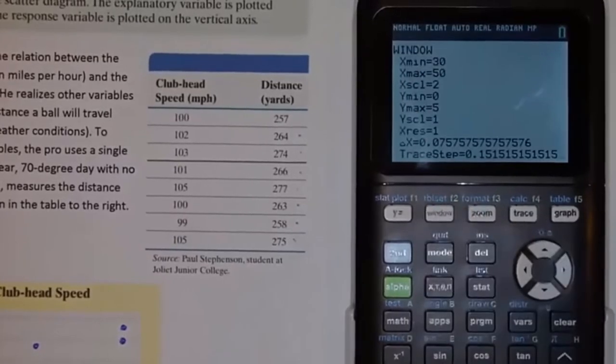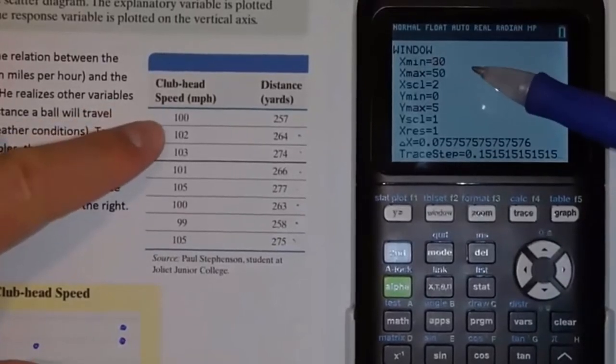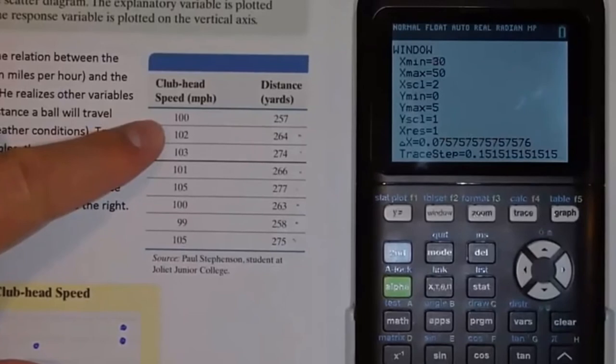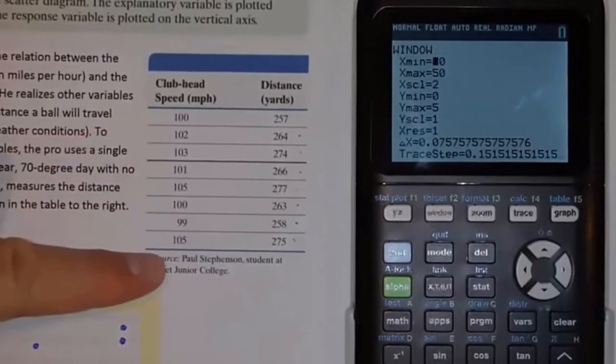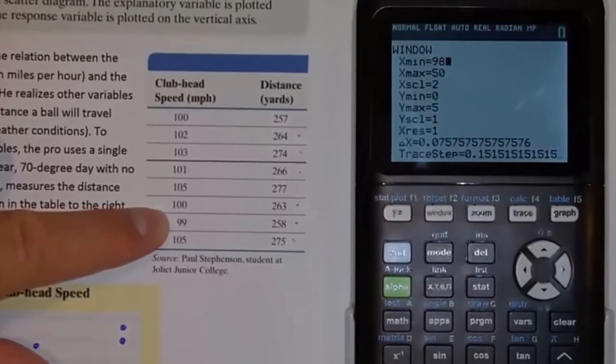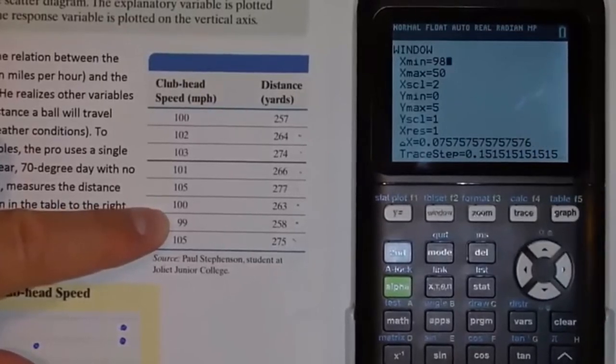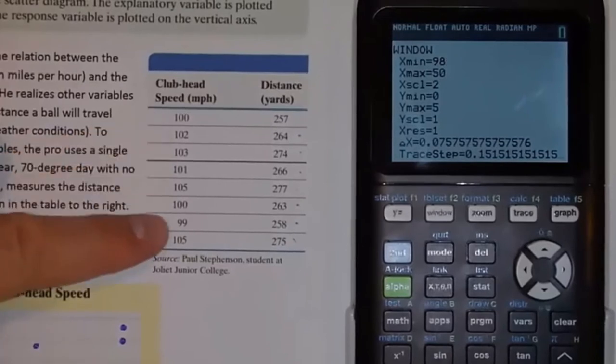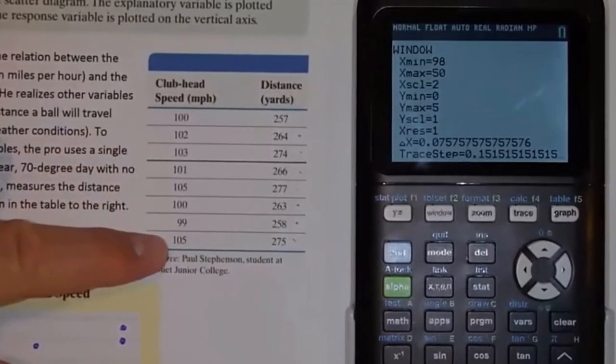The only other thing I have to do is choose an appropriate window. So for my X's in this case, my X-min either needs to be the smallest X value or a convenient number just a little smaller than my smallest X value. Well, our smallest X value was 99, so I either need to make X-min 99 or a convenient number a little less than that. I'm going to make it 98. My X-max needs to be either the largest X value or a convenient number a little bigger than the largest X value.